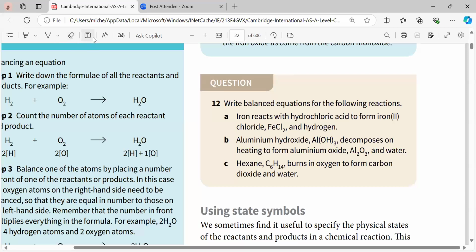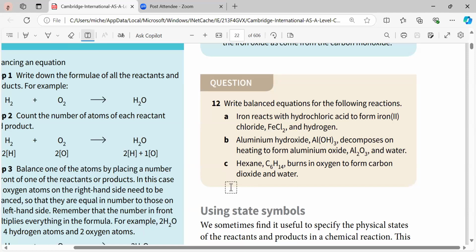So now we're going to do that. First of all, let's say that we're going to pick 12A. We are going to identify first the symbol for each compound.